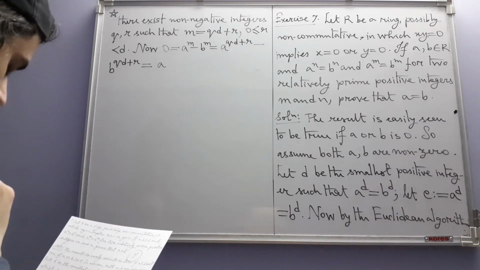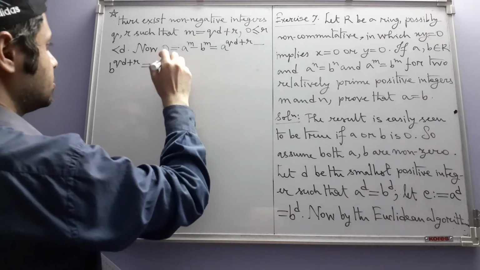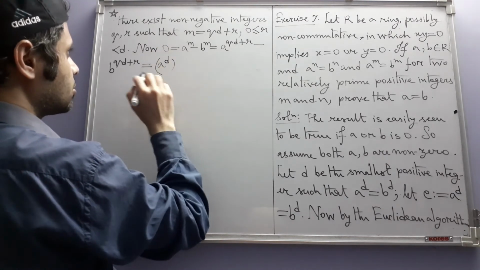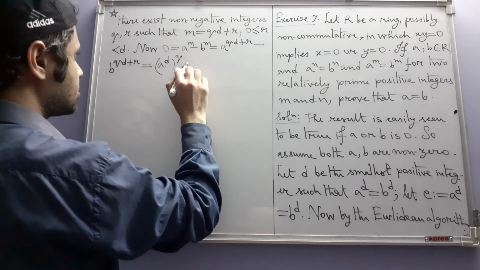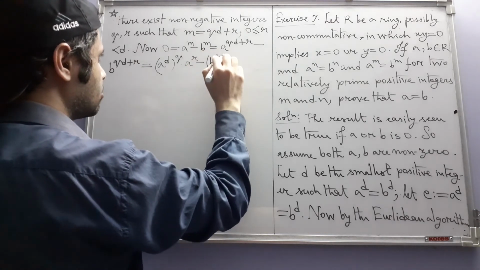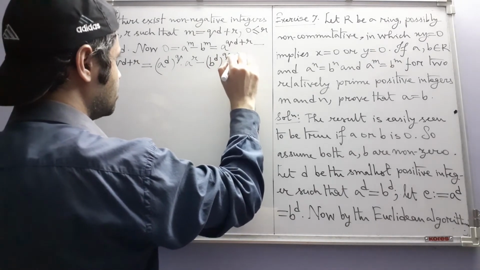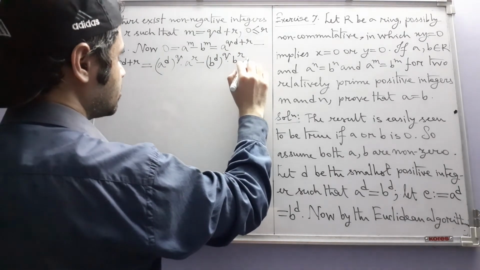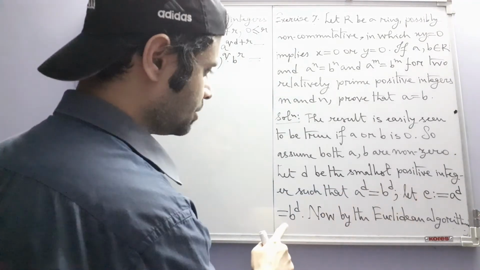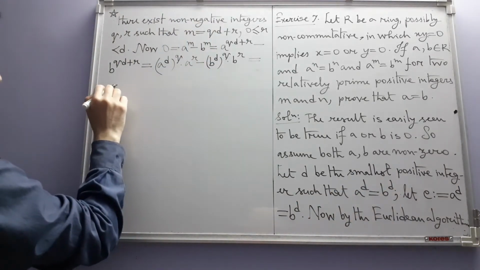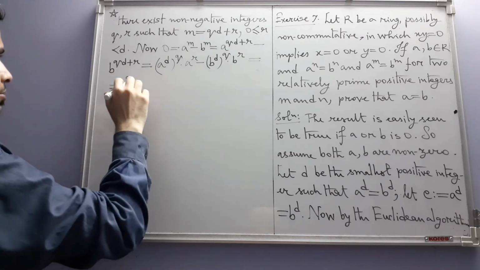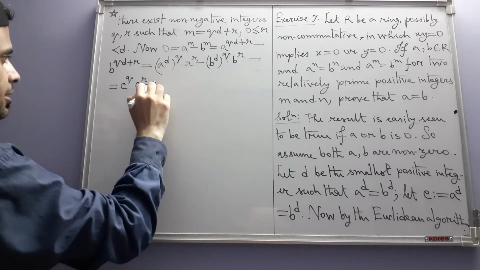This becomes (A to the power d) whole to the power q times A to the power r minus (B to the power d) whole to the power q times B to the power r. Now what is A to the power d and B to the power d? C, and that C can be taken common out. So actually we have C to the power q common out. Inside we have this.